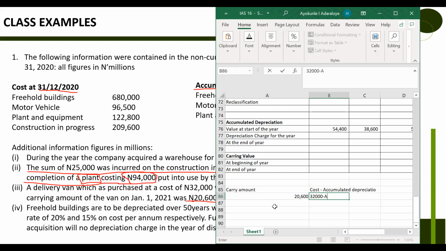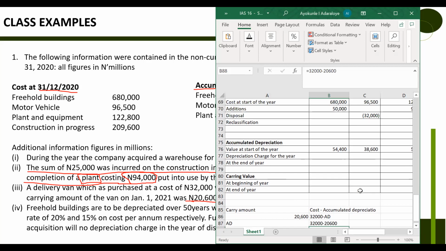To get accumulated depreciation, what will it be? It will be 32,000 minus 20,600. And that would give us 11,400.